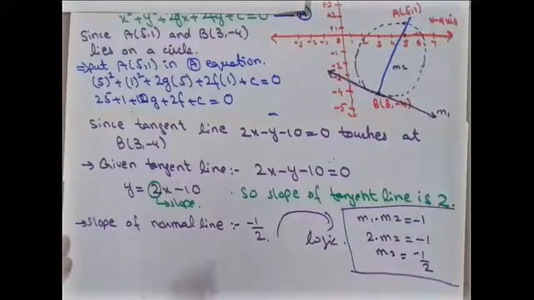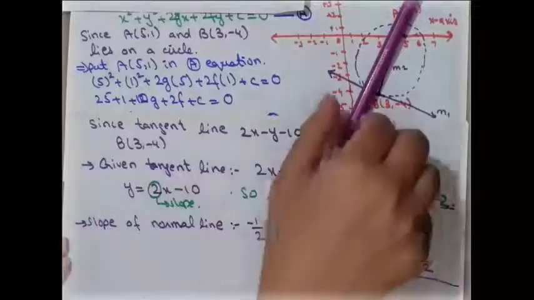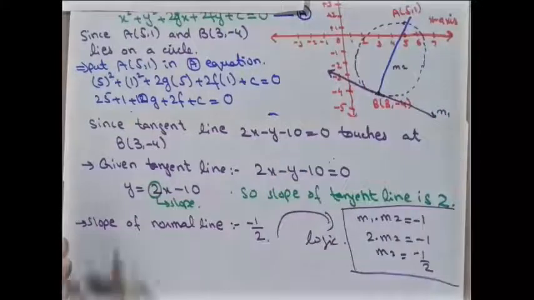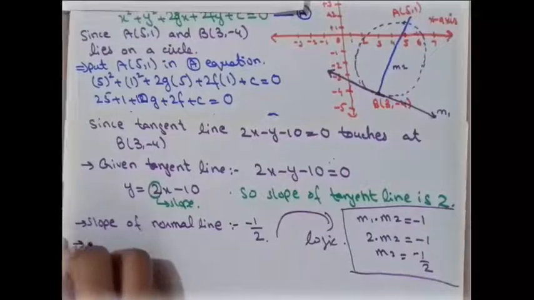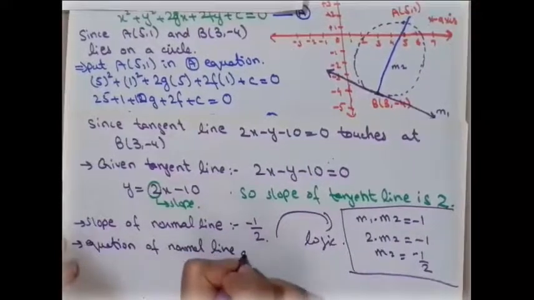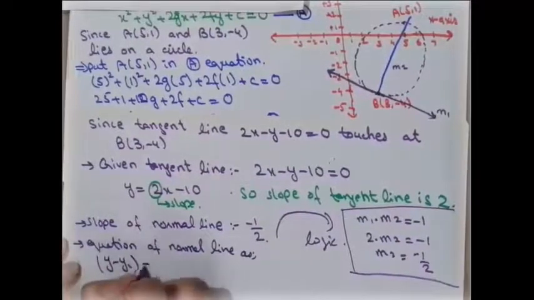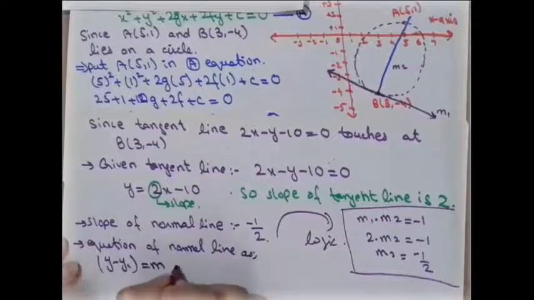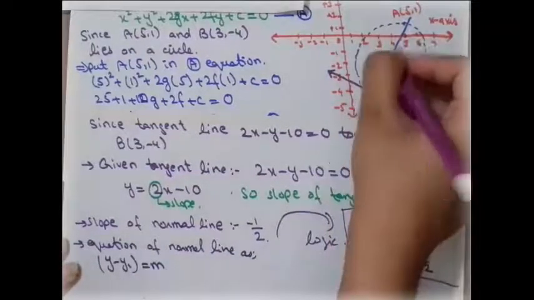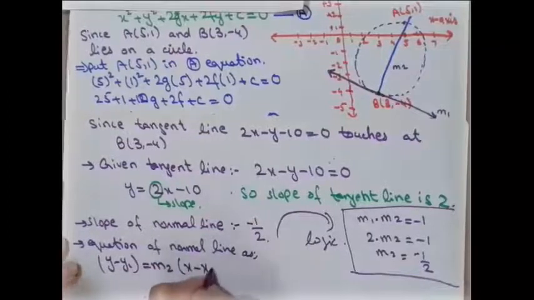We have to find the equation of this perpendicular line, this normal line that we draw here. For the equation of the normal line, we use the formula y minus y1 equals m, where m is the slope, and here we call the slope of this line m2, times x minus x1.